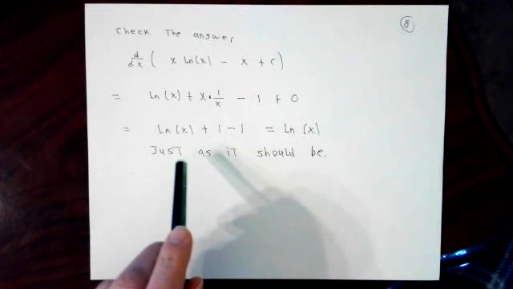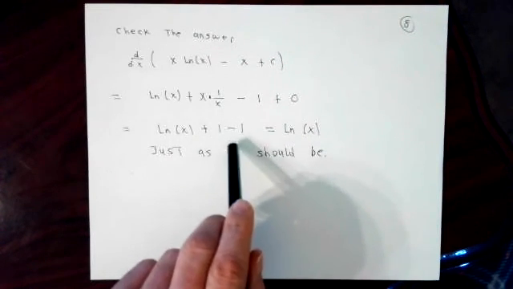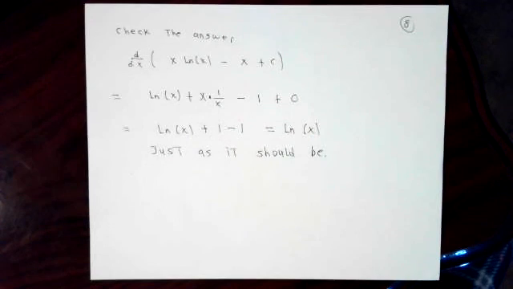So you're going to have natural log of x plus 1 minus 1. The ones cancel out, leaving you with natural log of x. Our antiderivative that we calculated is correct.